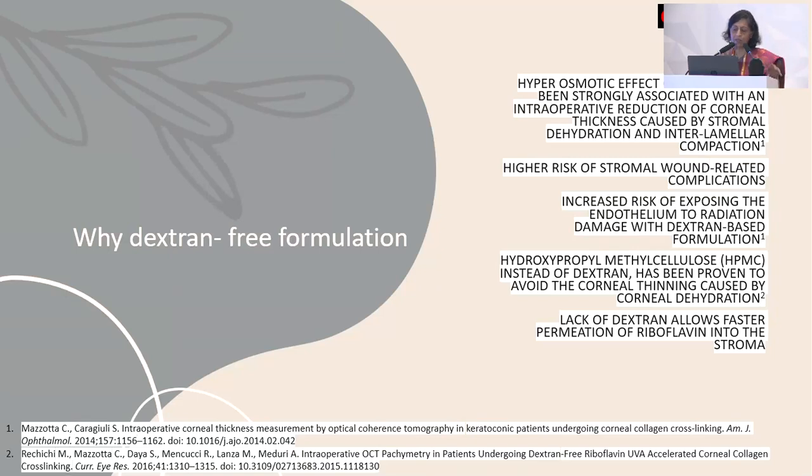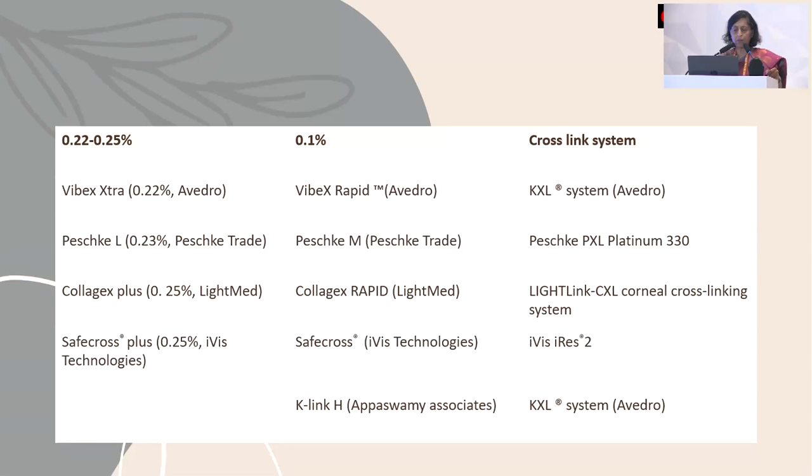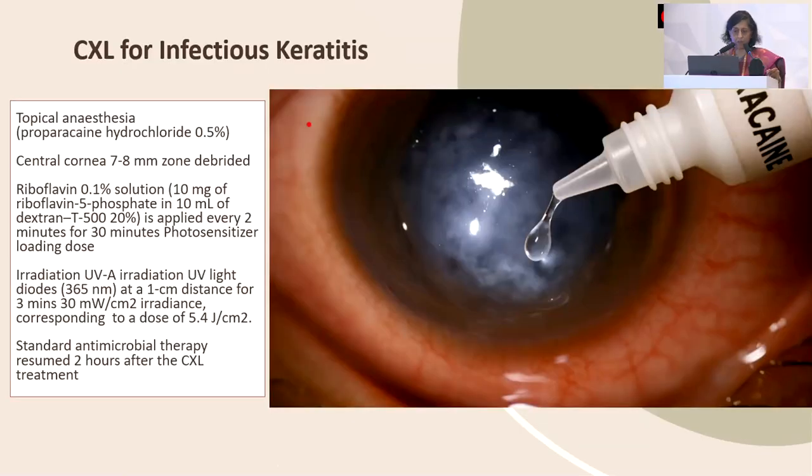So one has to always consider this when doing any procedure, that you may not be able to exactly match what has been reported in the published study. This is what I'm illustrating, that it depends upon which kind of machine you're using, which drops you're using, and what the patient is. So it's not something to be taken extremely lightly.